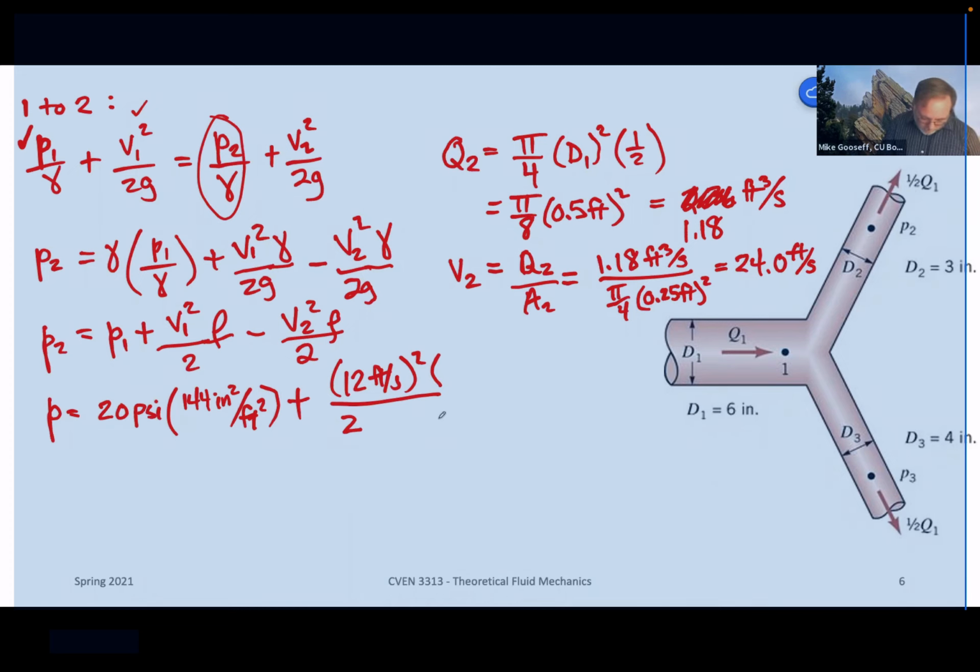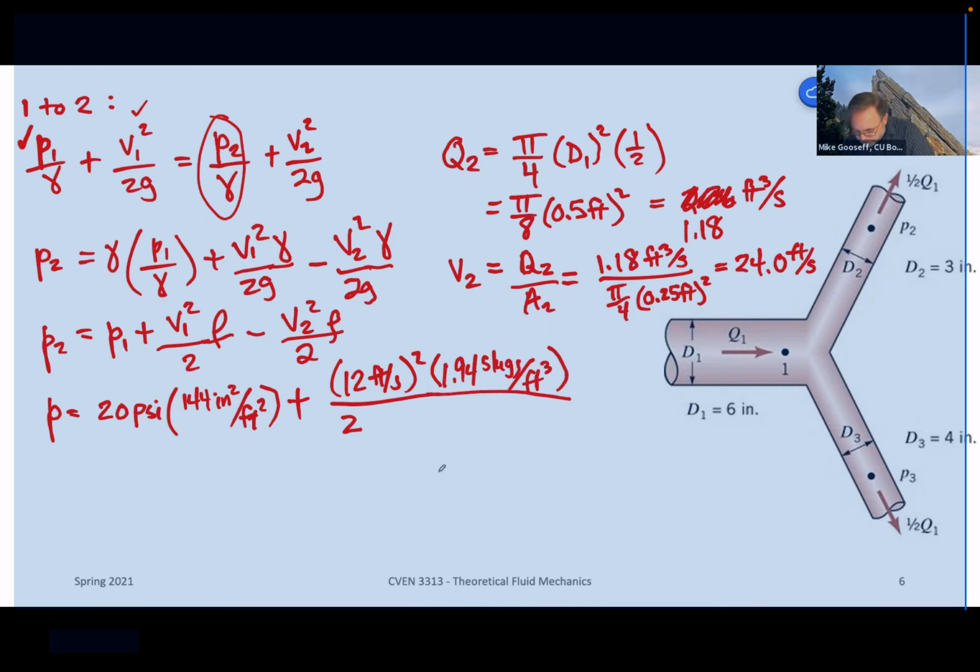Oh, rats. Okay, so this is a little bit different. I need 62.4 divided by 32.2, so 1.94 slugs per foot cubed.